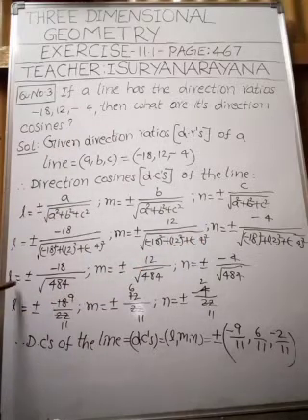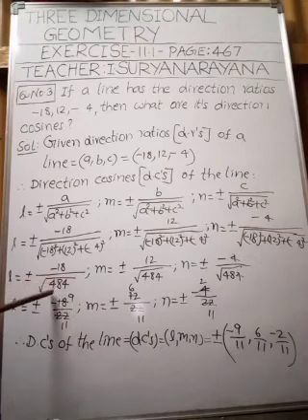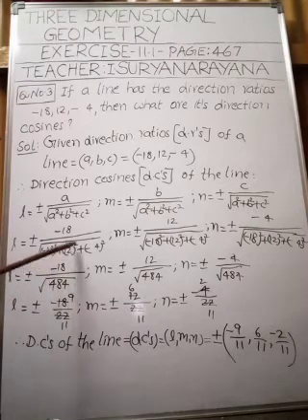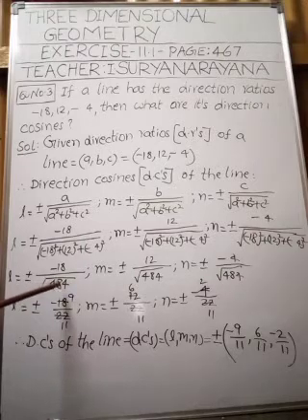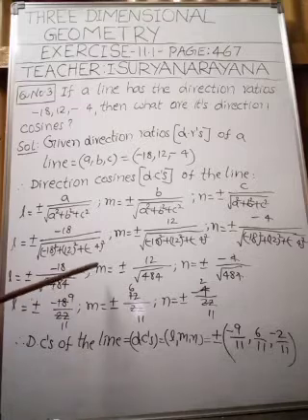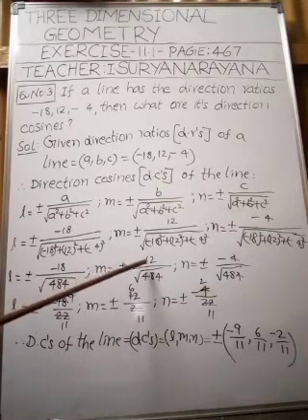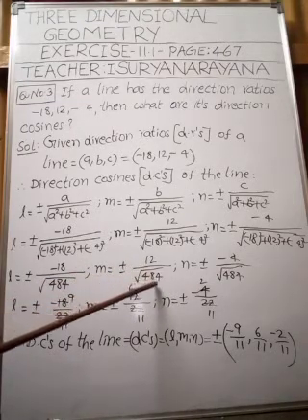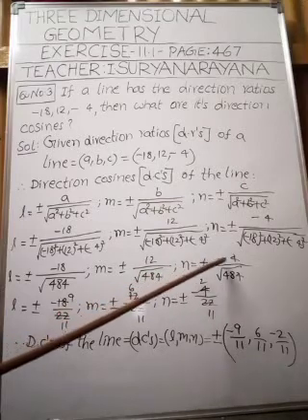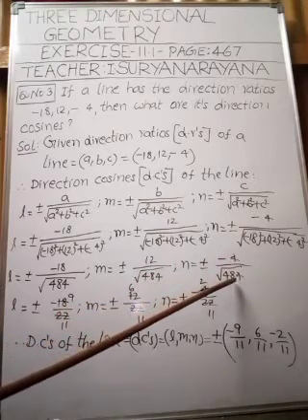Right. l is equal to plus or minus 18 by square root of 484. By simplifying these three numbers, we get 484. I wrote directly the value of these three numbers. Similarly, m is equal to plus or minus 12 by root of 484, n is equal to plus or minus 4 by root of 484.